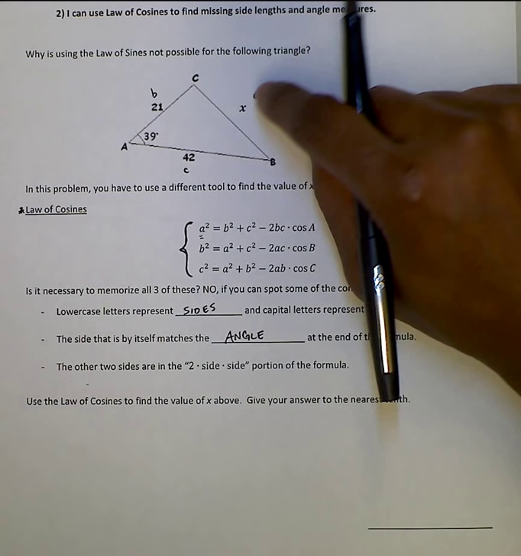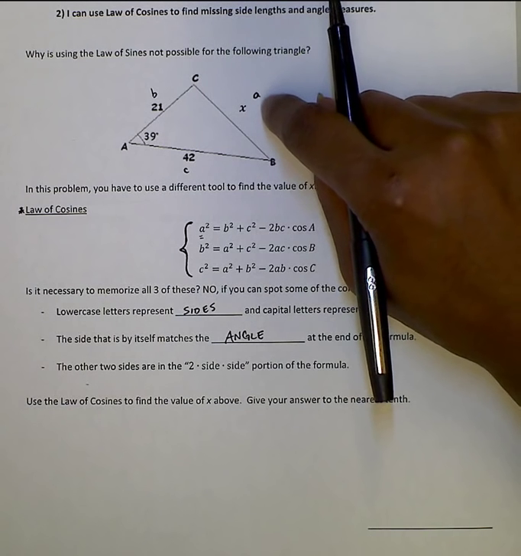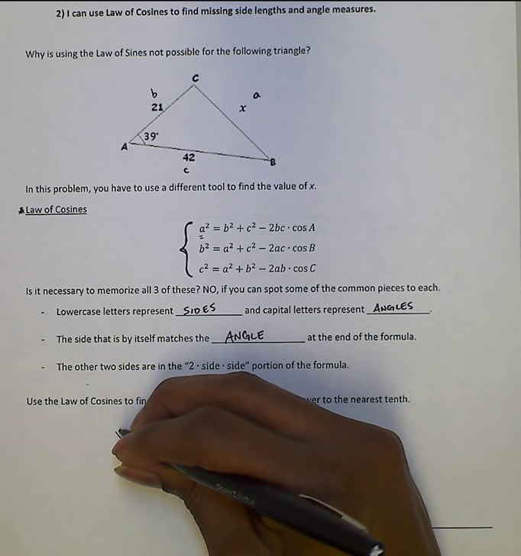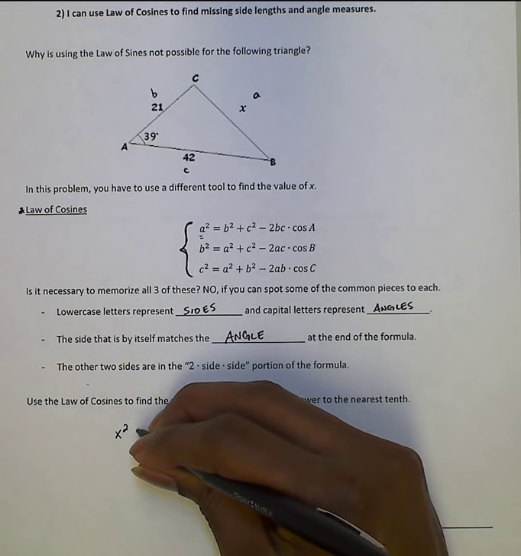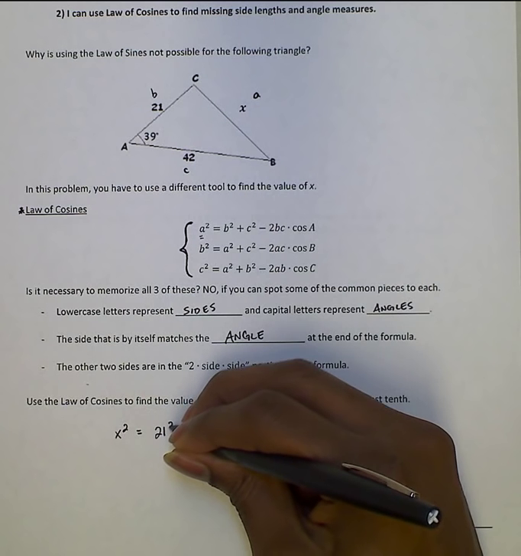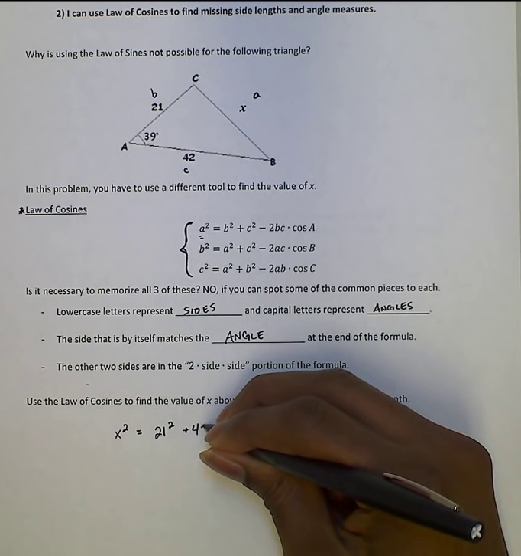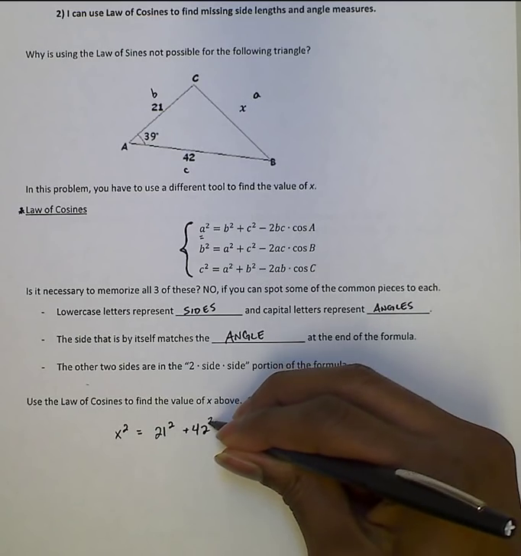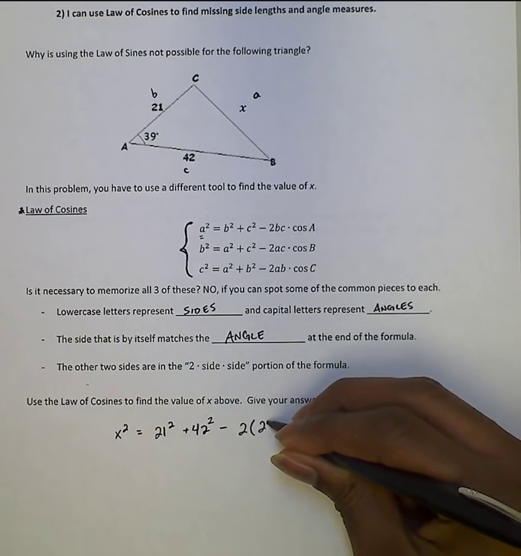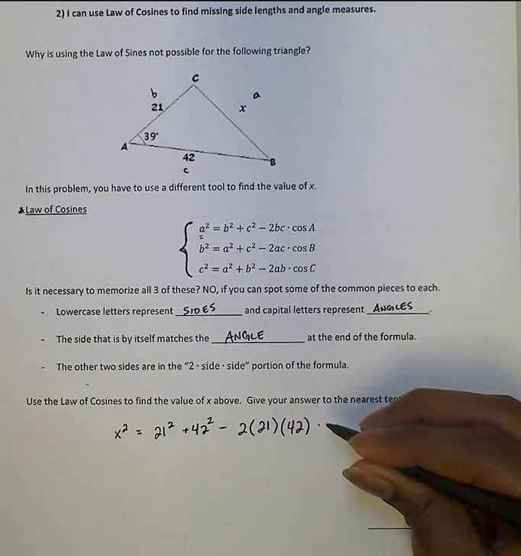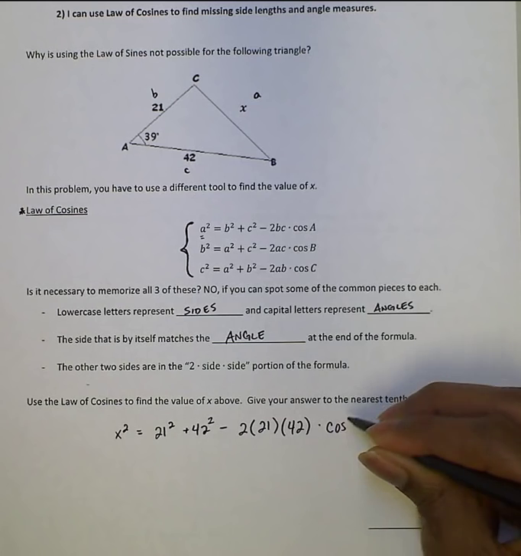Okay, so we're going to be trying to find side A. We're going to be trying to find a side, so I'm going to plug that in. X squared equals the other two sides squared, so 21 squared plus 42 squared minus 2 times 21 times 42 times cosine, and in this case it'll be 39.